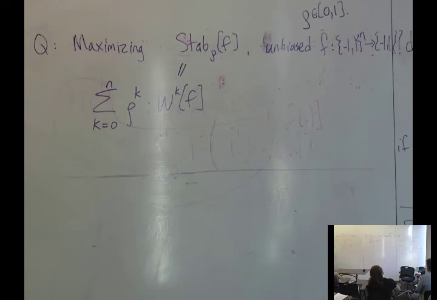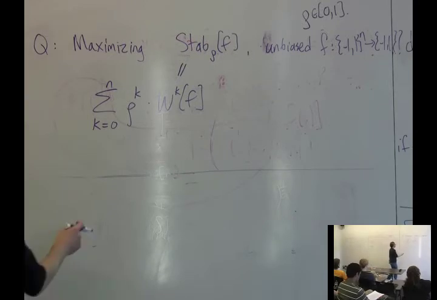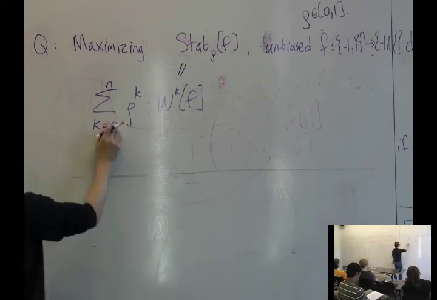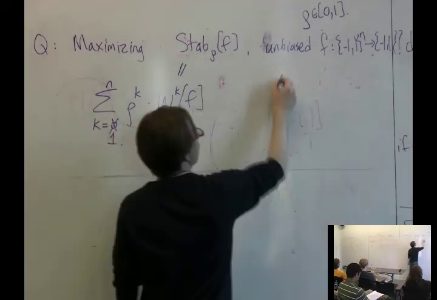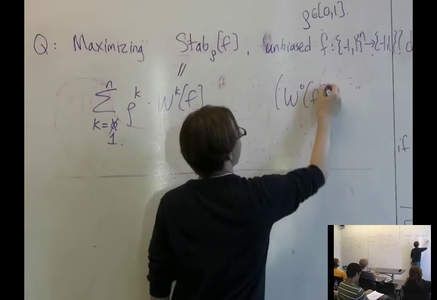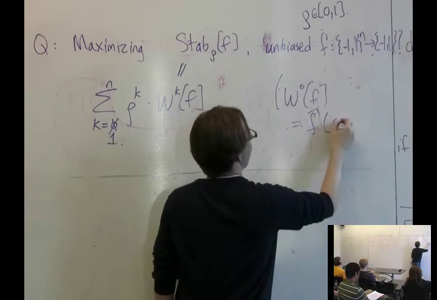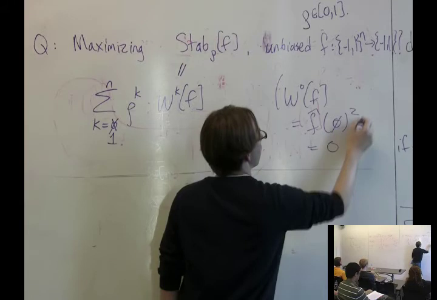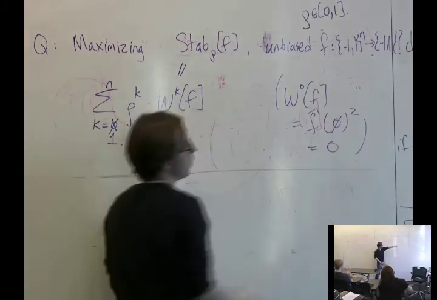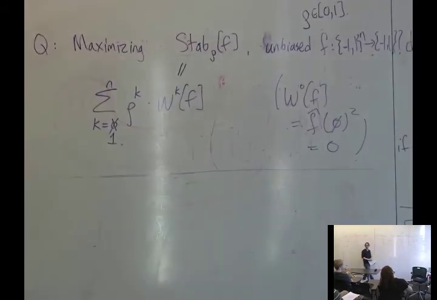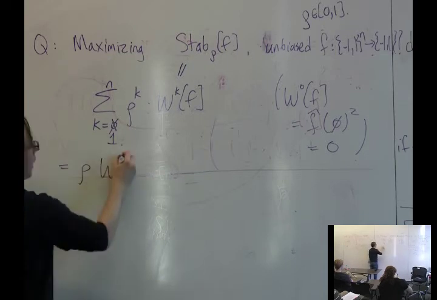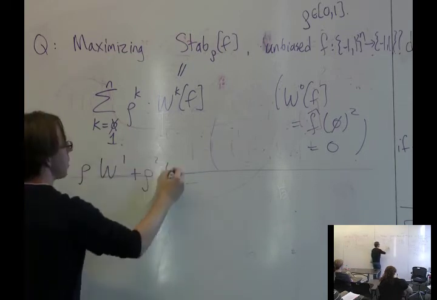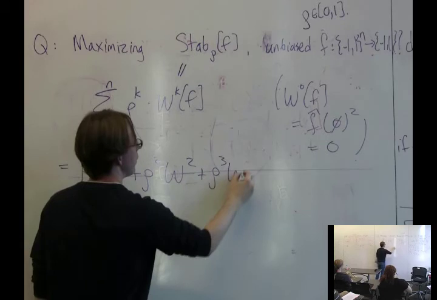Now, since it's unbiased, I can write 1 here, because the Fourier weight at level 0 is 0. Remember, a function is unbiased if the empty Fourier coefficient is 0. OK, so this is rho times the weight at level 1, plus rho squared times the weight at level 2, plus rho cubed times the weight at level 3, etc.